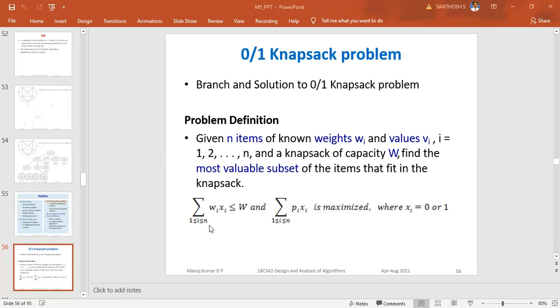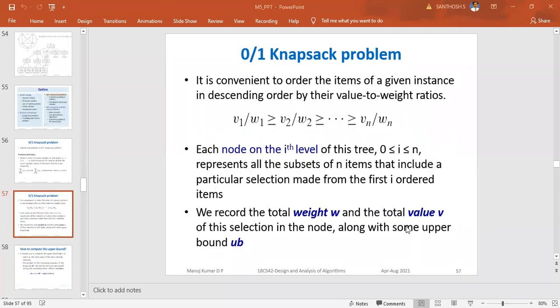So that is given as the summation of WiXi less than or equal to W, and the summation of PiXi is maximized, where Xi is equal to 0 or 1.